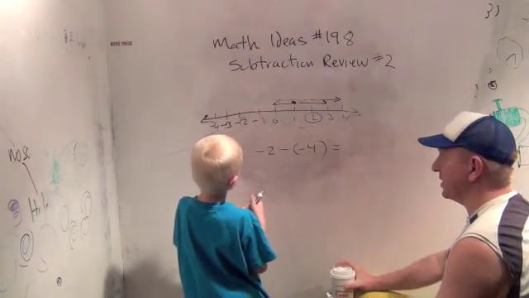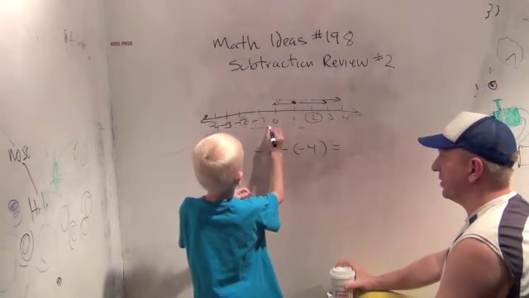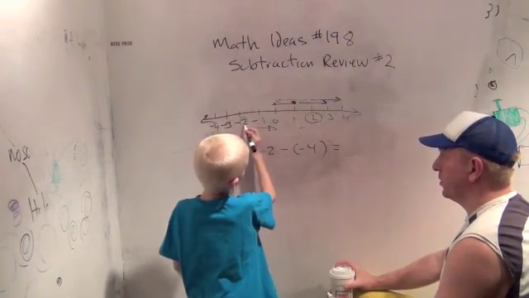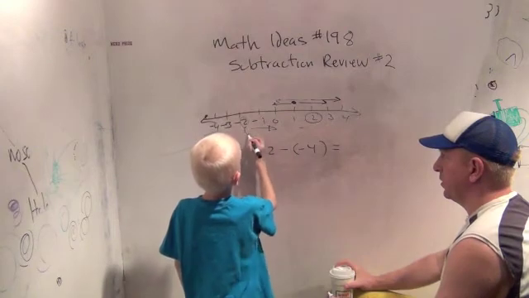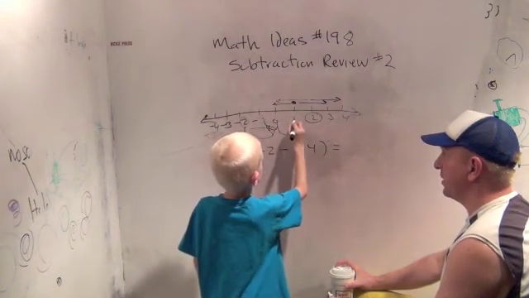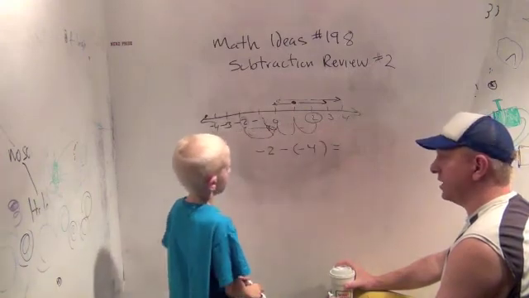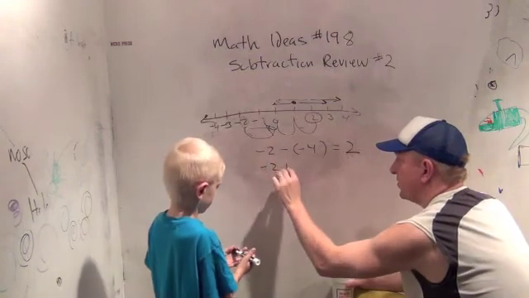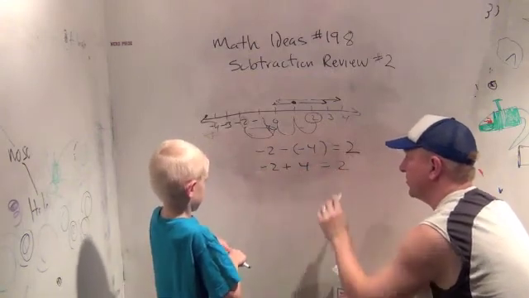So what way are we actually going to go? That way. Okay. How far do we go over? 4. Okay. 1, 2, 3, 4. So minus 2 minus minus 4 is? 2. Okay. Which is the same as minus 2 plus 4, which is also 2.